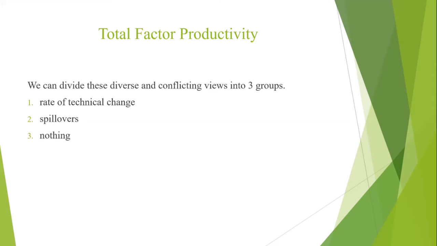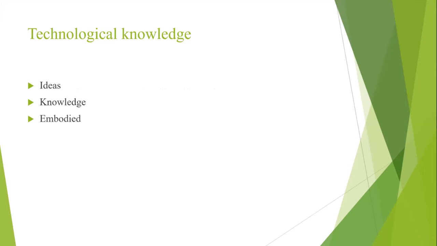The second group says it is spillovers, of change in technology, change in scale of return, or due to some externalities. Another group says total factor productivity as a concept doesn't exist and it measures nothing.